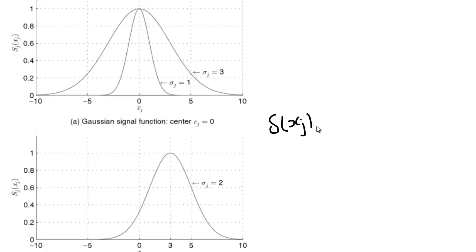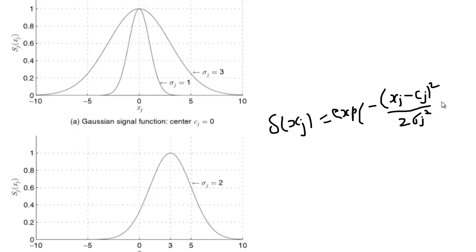delta of xj is equal to exponential of minus (xj minus cj) the whole square divided by 2 sigma j square.